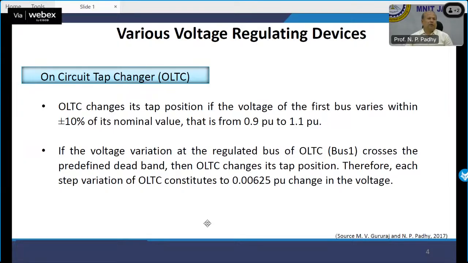If it is 1 to 1.1, then 1.1 to 1 is possible. And if it is 0.9, then 0.9 to 1 is also possible. Either this way or that way, it will come to 1 at any given point. So any value between 0.9 to 1.1, you can bring back to 1 per unit by 16 steps of 0.00625 per unit each. We all are power engineers. Okay, good.